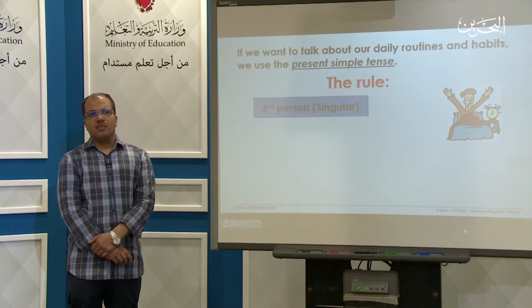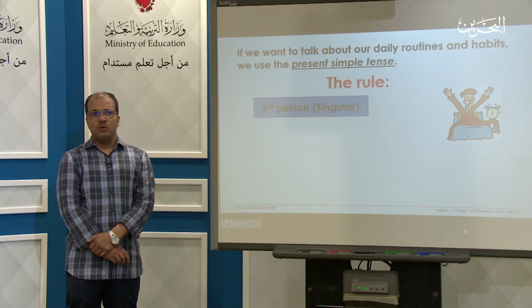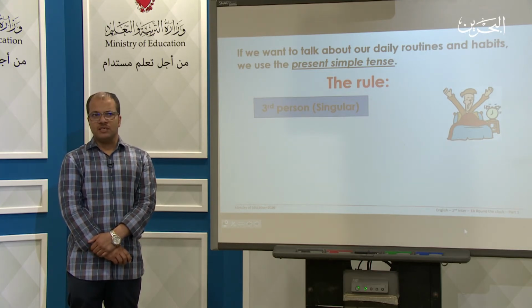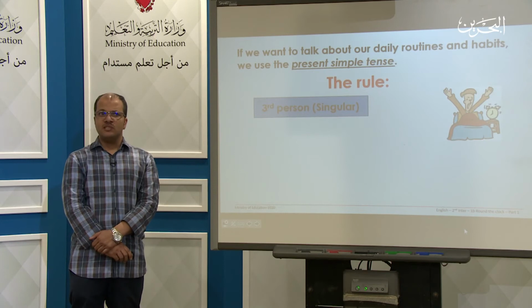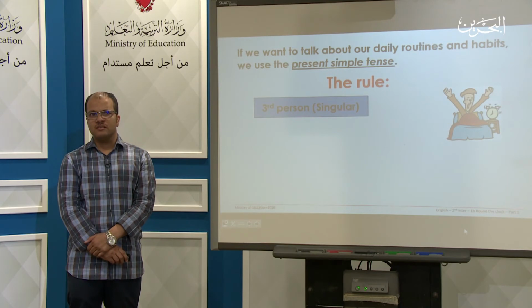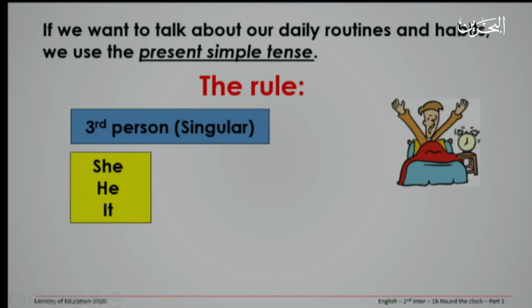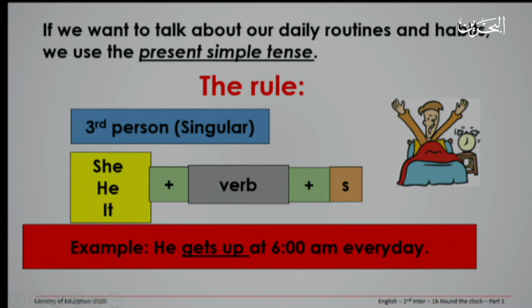Now, if we want to talk about our daily routines and habits, what is the correct verb tense to use? Well done. It is the present simple tense. Now, for the case of third person singular, the pronouns she, he, and it are followed by the verb with S. For example, he gets up at 6 a.m. every day.